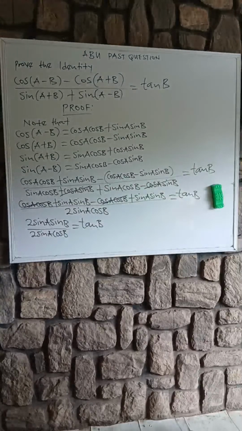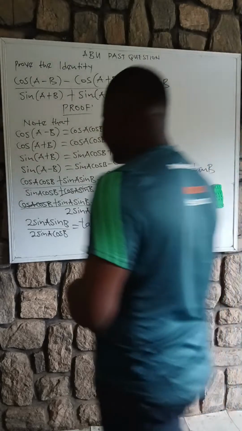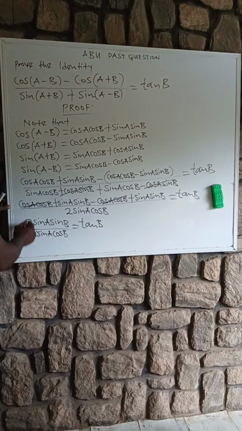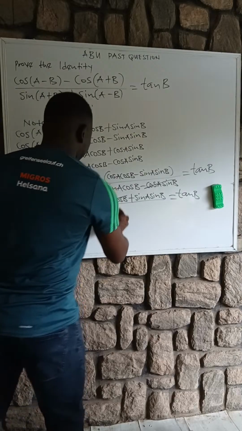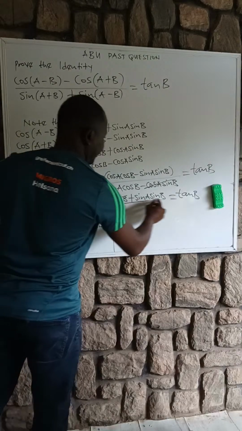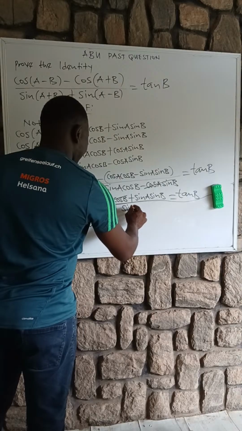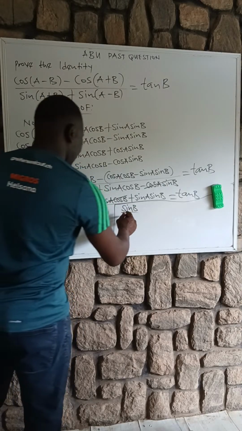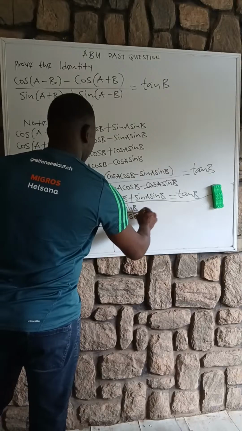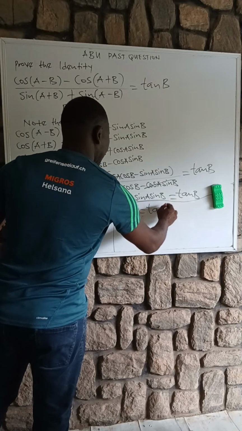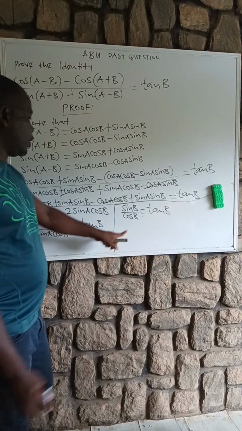Any question before I proceed? Do you have any question? Look at it. 2 to itself, this to this. You can now see that we are going to have sine B all over cos B, which equals tan B. So go back to your SOHCAHTOA.